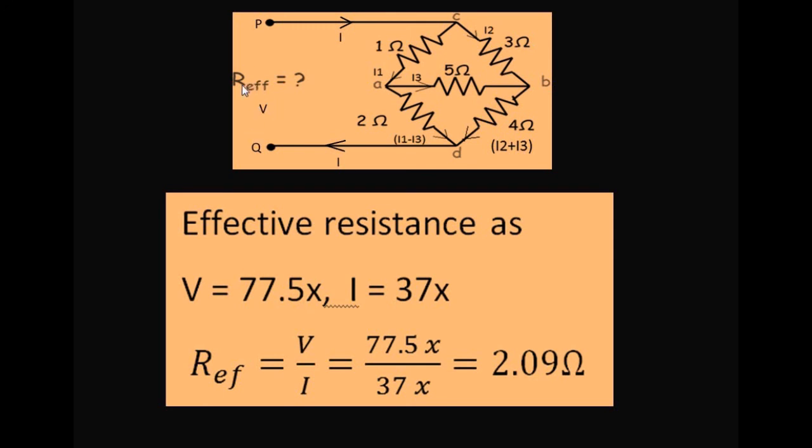So we can find the effective resistance R effective by dividing V by I, that is 77.5x divided by 37x. When you divide it, you will get the effective resistance of the combination as 2.09 ohm.